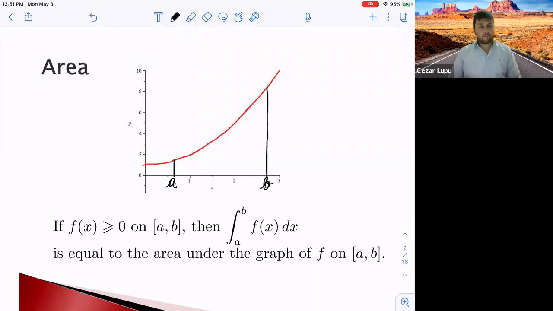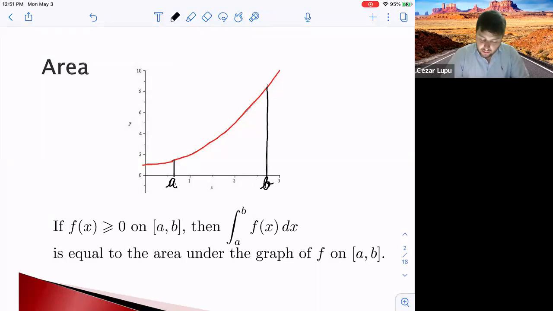In this case, the function f is non-negative on [a, b]. We know that the integral from a to b of f of x dx is nothing else than the area under the graph of f on that interval, namely on the interval [a, b].